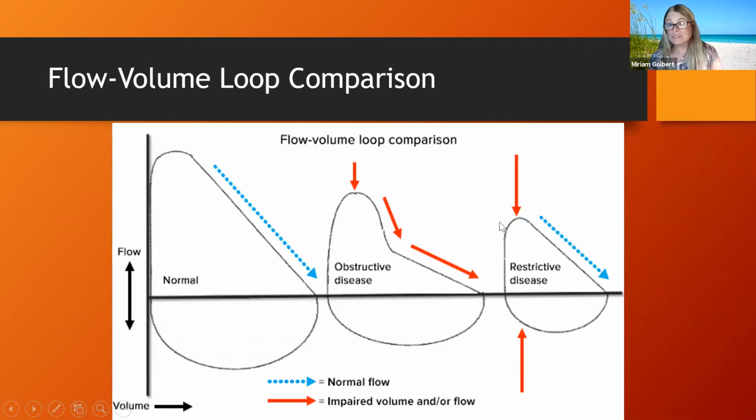And then when you have restrictive, you can see how restrictive the space or the container is, right? So the flow goes in a normal fashion, but it's a lot less coming out because we have less of a surface area to fill with air. So that's how you can determine an obstructive from a restrictive disease.